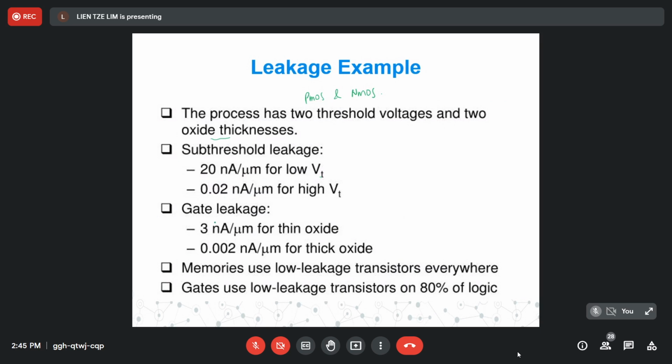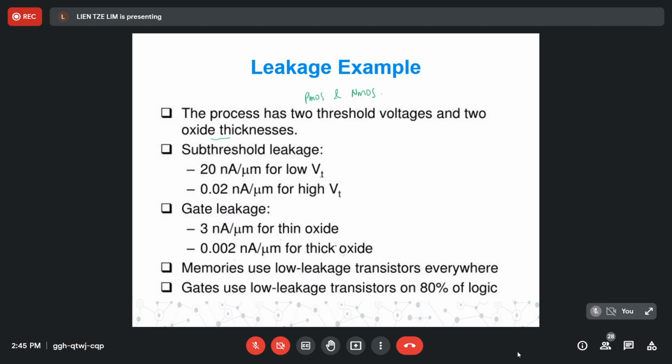And then the gate leakage. If the oxide is thin, the gate leakage will be as high as 3 nanoampere. This is quite high compared with the thick oxide, where the gate leakage is only 0.002 nanoampere. So you see the relationship here.